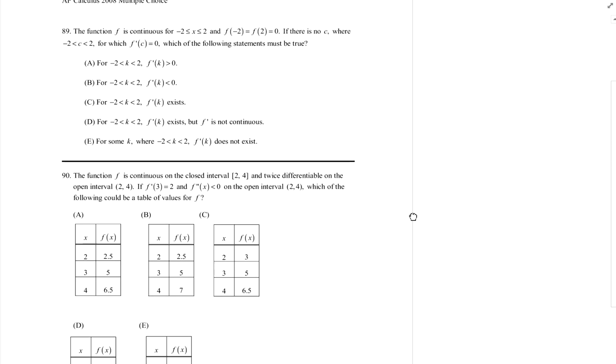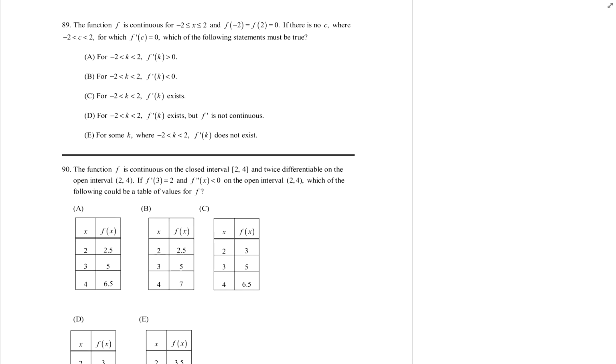Okay. The function is continuous from -2 to 2, and it's 0 at the endpoints. Pictures are nice because they help you see what's going on. It's f of 2, f of 0. If there's no c for which f prime is 0, which must be true.